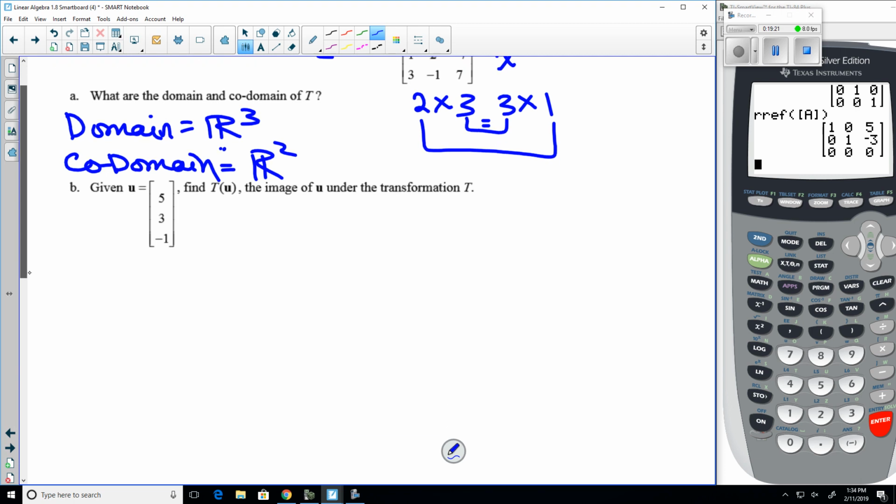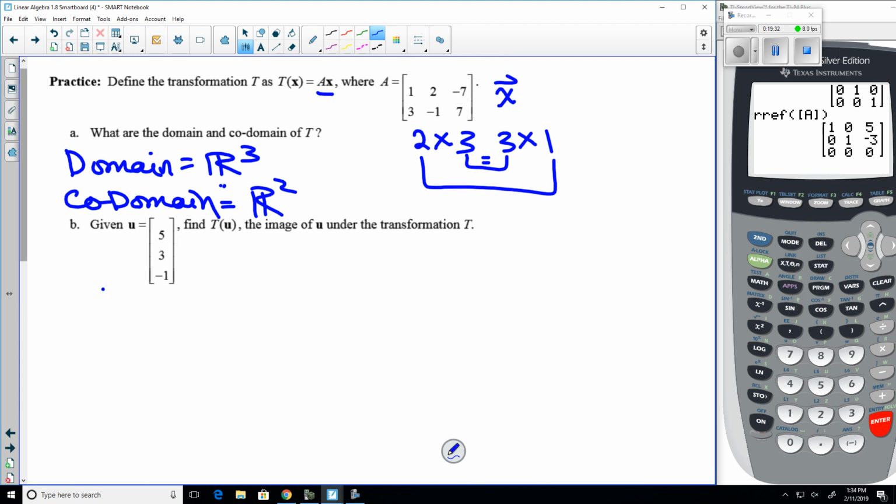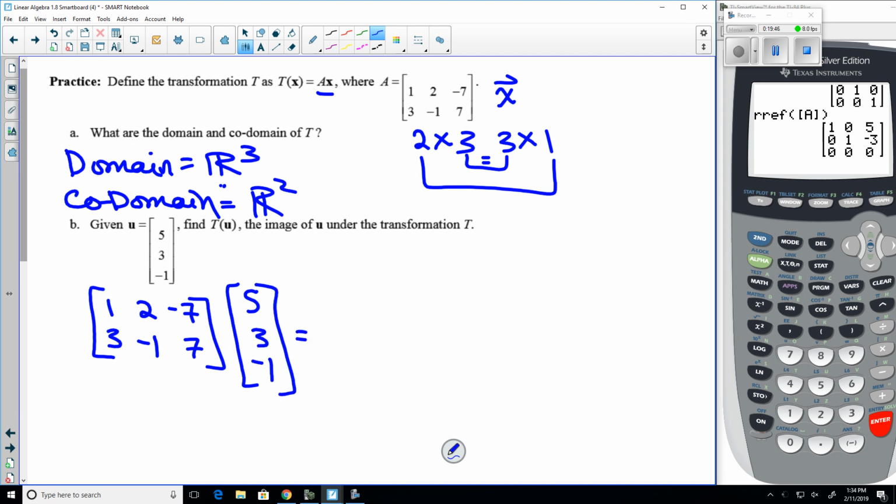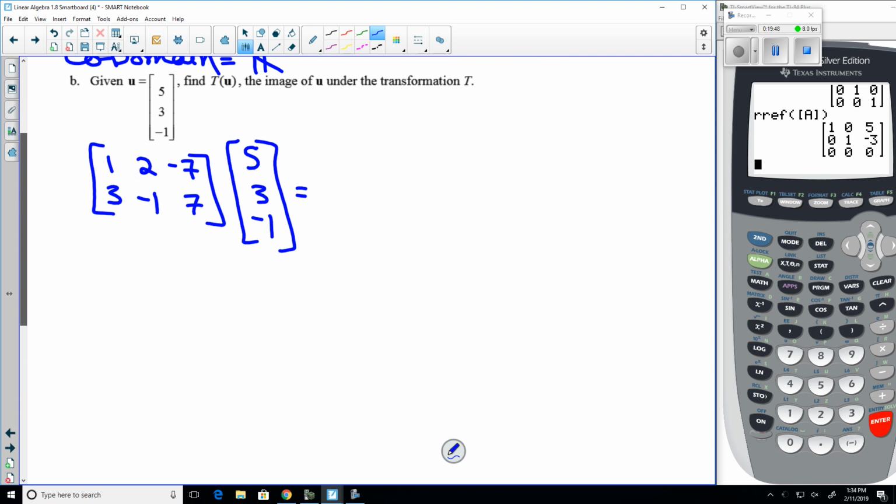So given this U, which is a R3 vector, right? So that's our input. Find T of U, the output, the image. So we just multiply A times U. What size will the output be?